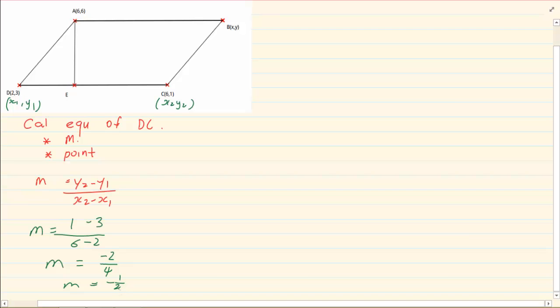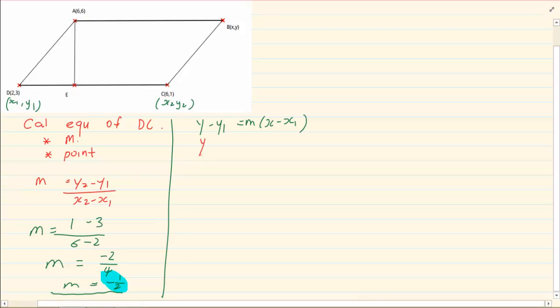Right. Once we have the gradient, we can take any point that we want that is on the line. So I can't be taking point B and point A. It's not on line DC. I have to take point D or point C. And then we substitute into the formula. Y minus y1 is equal to m(x minus x1). I have M. I've calculated it as minus a half.